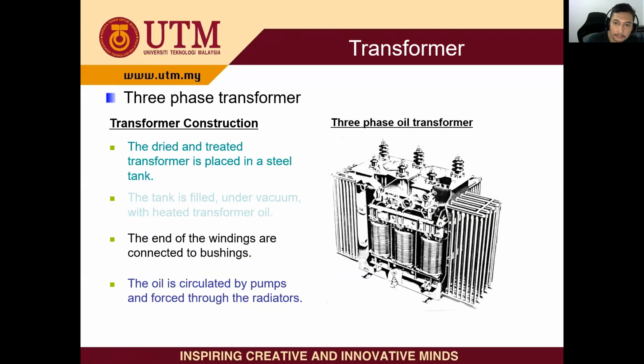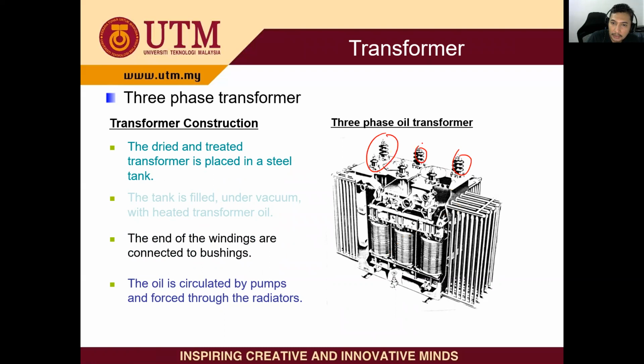In terms of the cooling method, we have three types. The first one is to cool the transformer using an oil base. The ends of the winding are connected to the bushing. This is what is called the bushing.